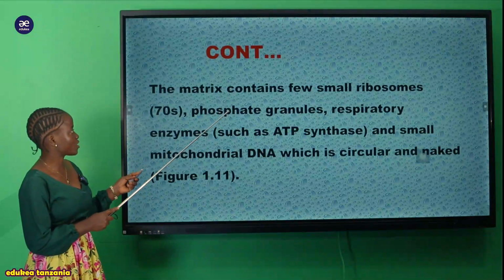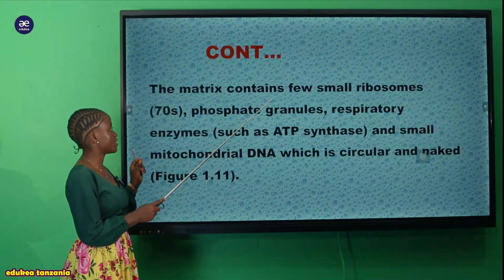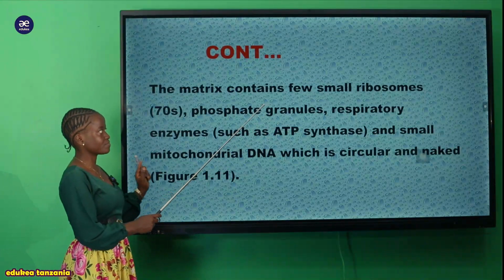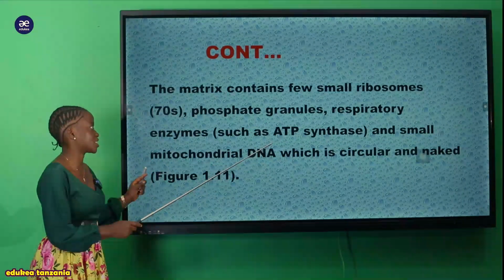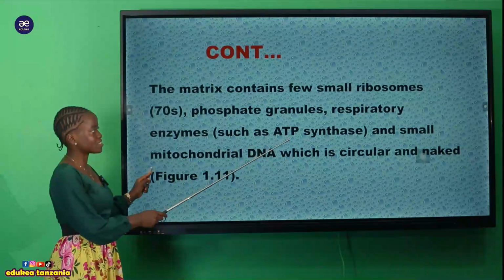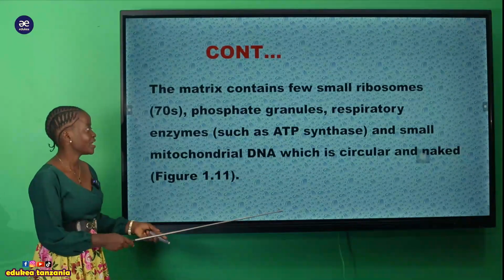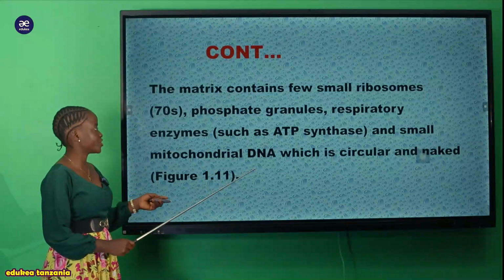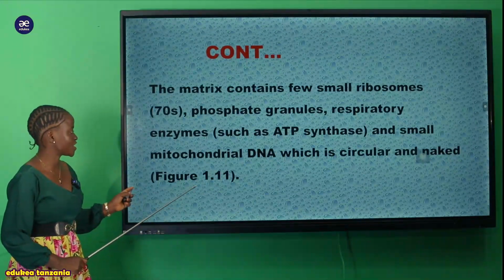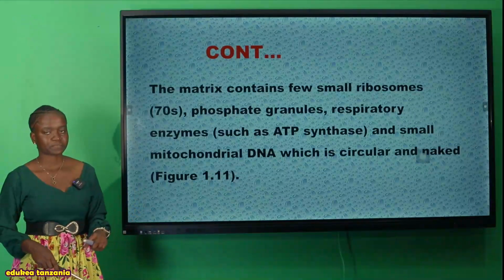So the matrix contains a few small ribosomes, that is 70S ribosomes, phosphate granules, the same as in the prokaryotic cell, respiratory enzymes such as ATP synthase, and small mitochondrial DNA, which is circular and naked. We're going to see it in figure 1.11.